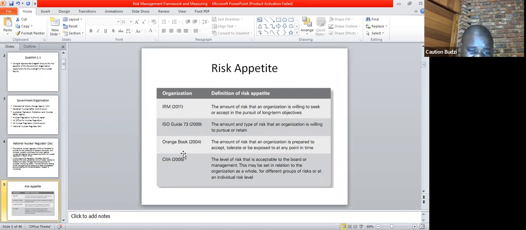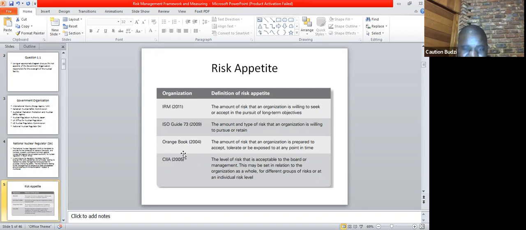The CIIA's definition: risk appetite is the level of risk that is acceptable to the board or management. This may be set in relation to the organization as a whole or for different groups of risk at an individual risk level.